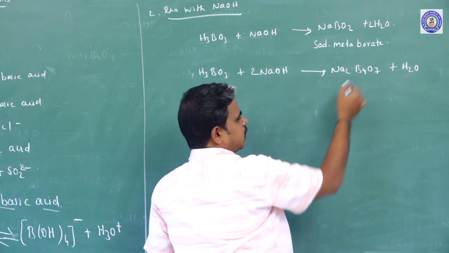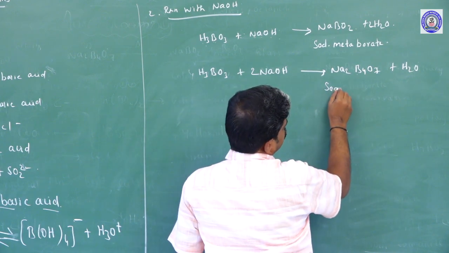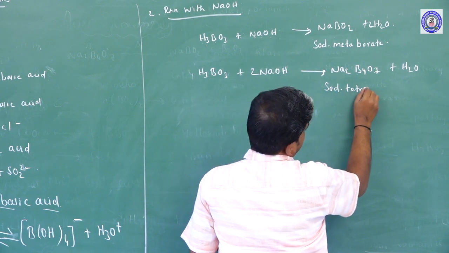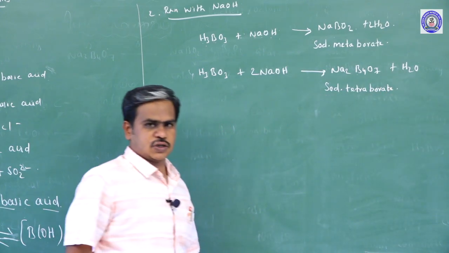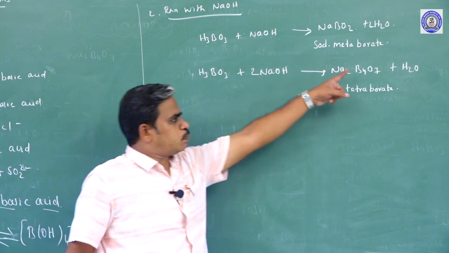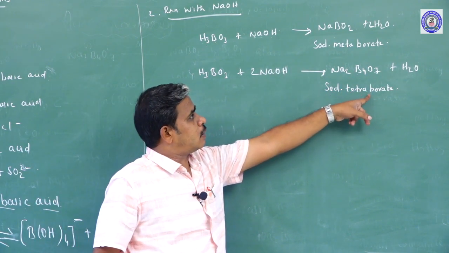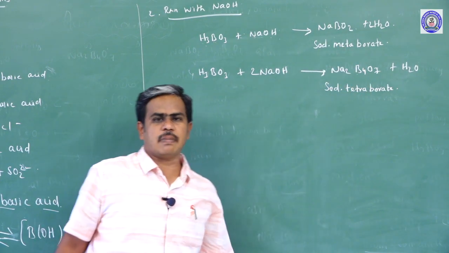This Na2B4O7 is nothing but sodium tetraborate. Na2B4O7 is tetraborate, and BO2 is metaborate.